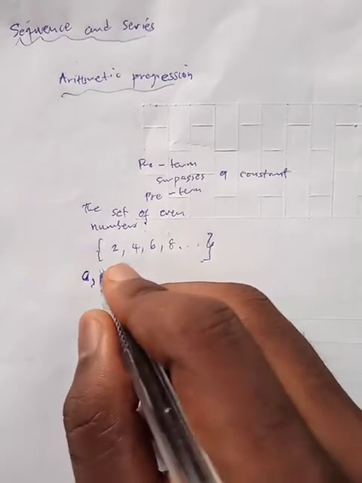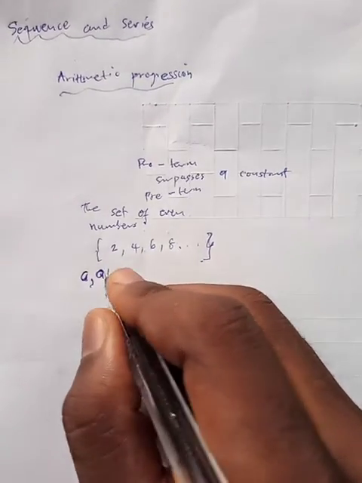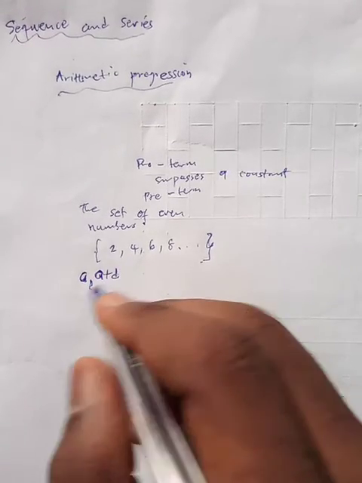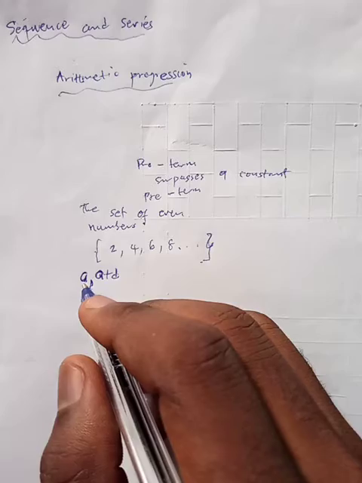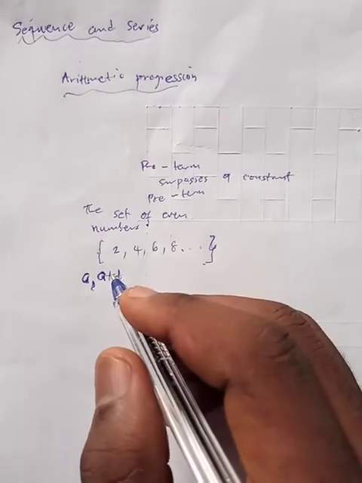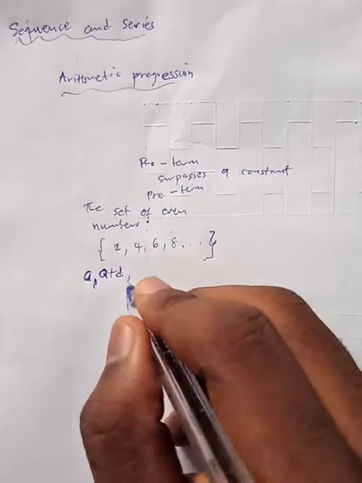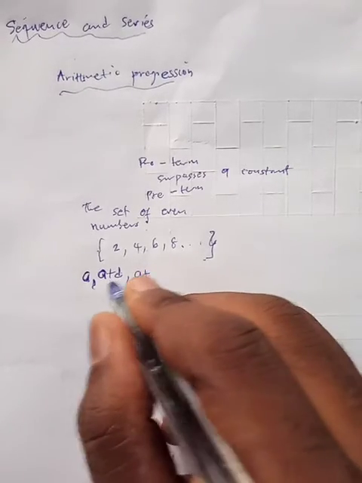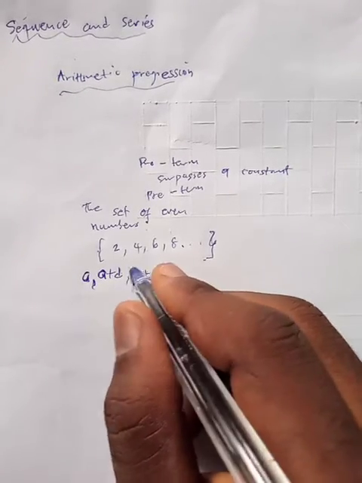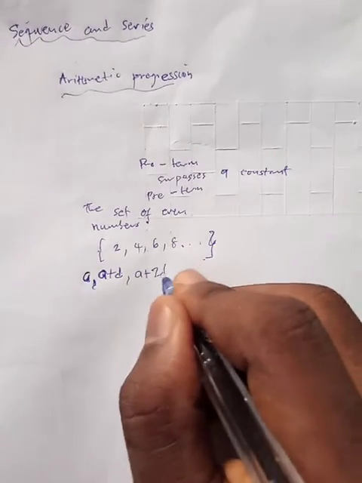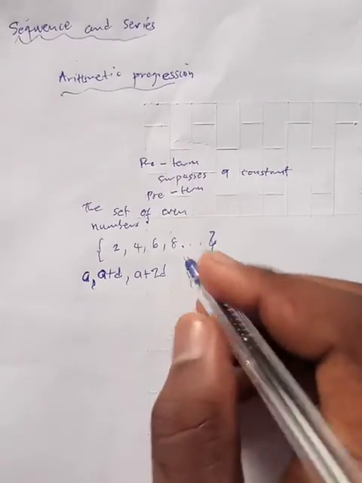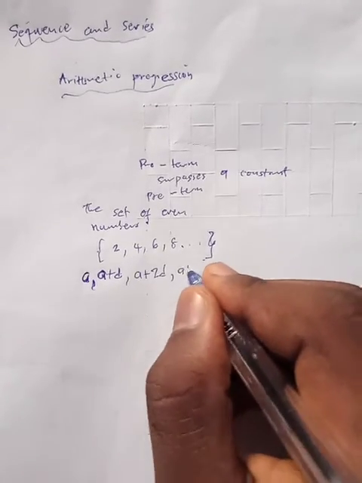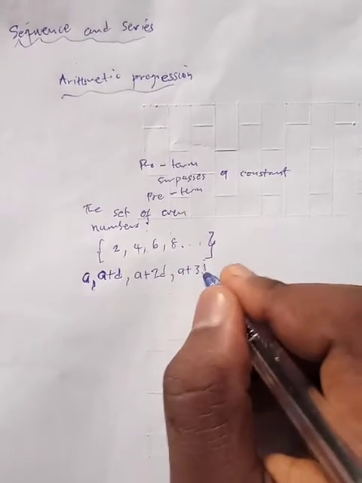So we'll have A plus that constant, in such a way that when I take A plus that constant minus the first term, which is A, I should get that constant, D. In that order, I'll have A plus D, then adding the constant to it, I'll have A plus 2D. Have you seen that? Then same way, adding the constant to this, I'll have A plus 3D.